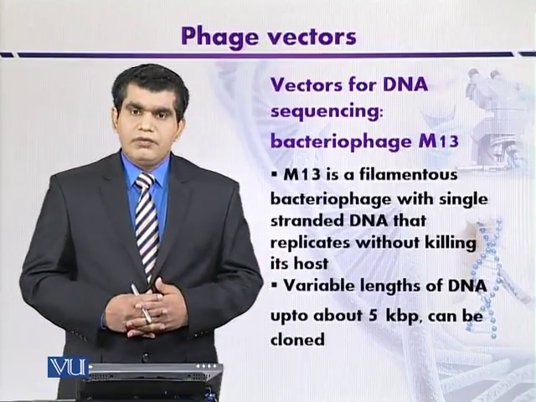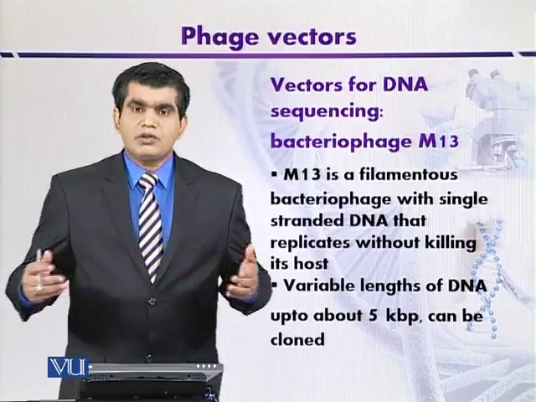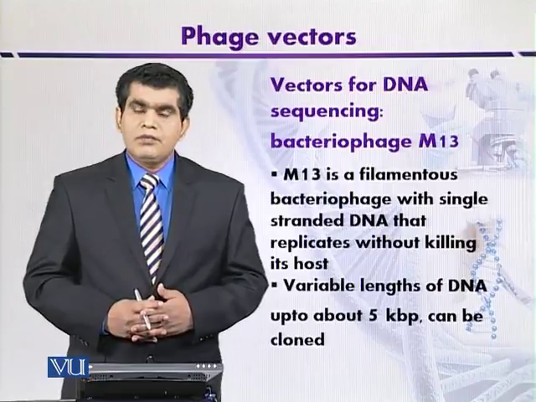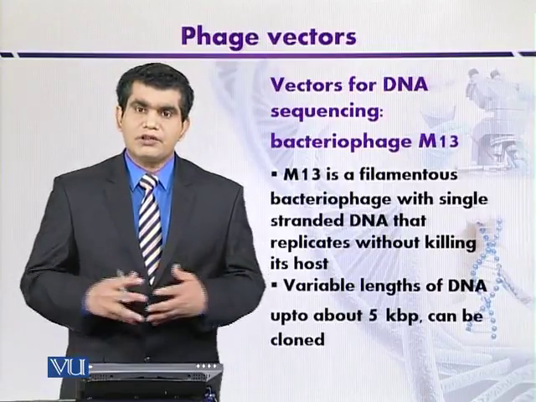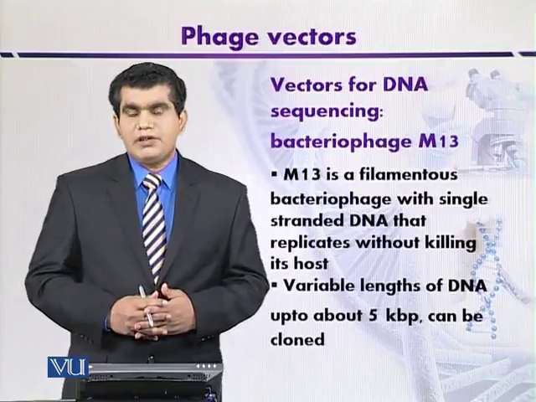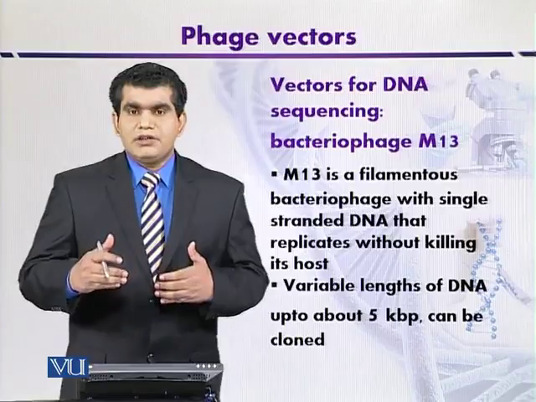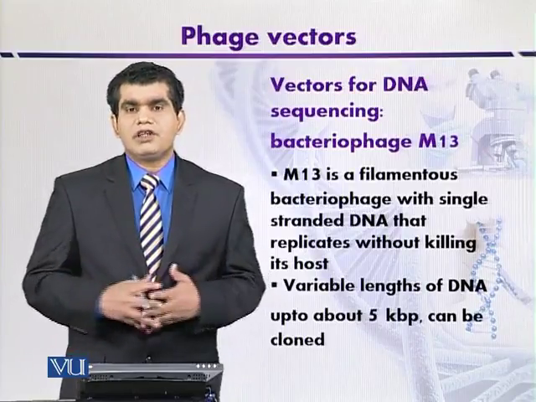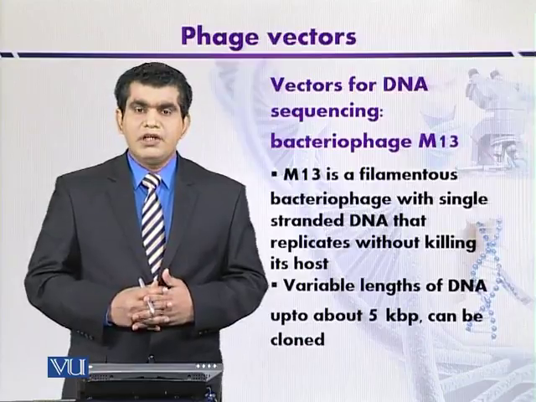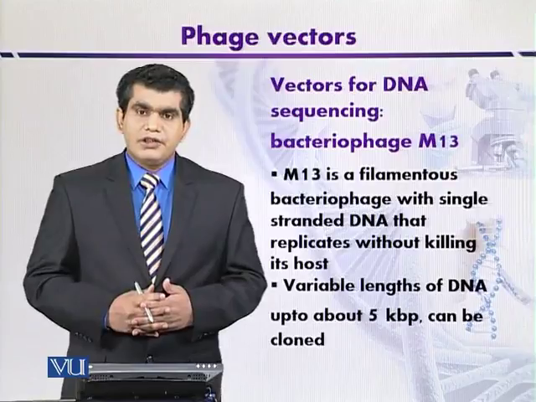Naturally, when filamentous phages like M13 infect their host organism, their single-stranded DNA, during the process of replication, can be converted into double-stranded replicative form. Because this double-stranded replicative form can be recognized by different types of restriction endonucleases. That is not possible by using single-stranded DNA.